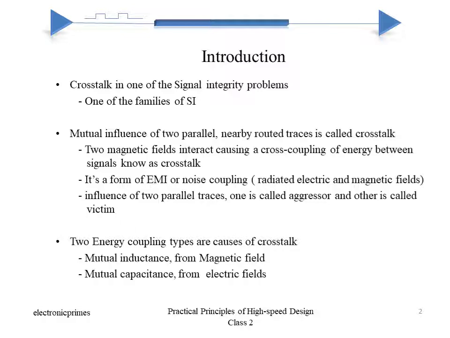The influence of two parallel traces is the main cause of crosstalk, and with these parallel traces, one would be the aggressor, another would be the victim. So two energy coupling types are caused by crosstalk. One is mutual inductance, which is caused by the magnetic field, and second is mutual capacitance, which is from the electric fields.